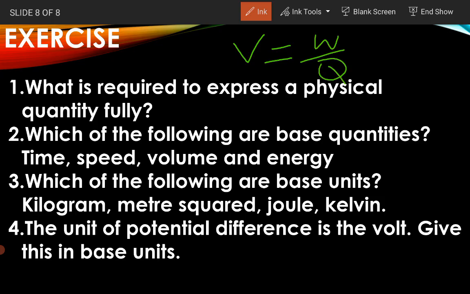So start from here and see how far you can go. In this case, you have to work out the units of the work done, which is a joule, and the unit of charge, which is the coulomb. And then proceed. It will be interesting to find the units of voltage, or volts, in base units.